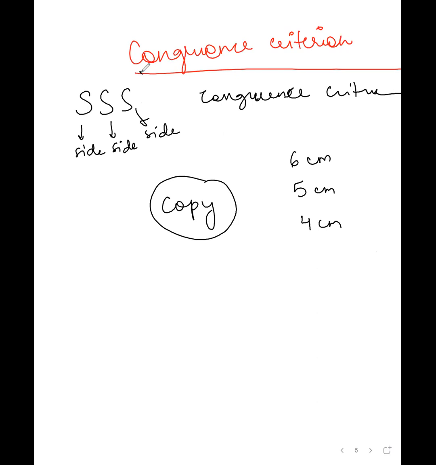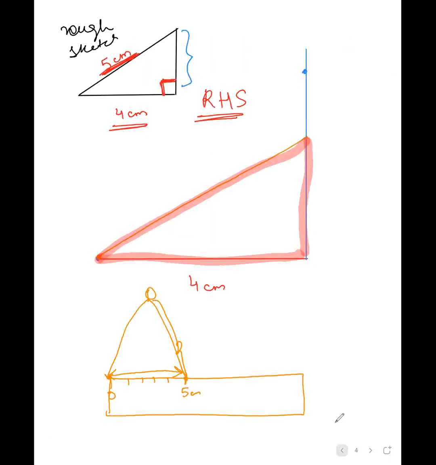What is the condition for two triangles to be congruent, or two triangles to be the exact copies of each other? One of them is the SSS congruence criterion. The other one is, as you said, RHS congruence criterion. You were the one who told RHS, remember?